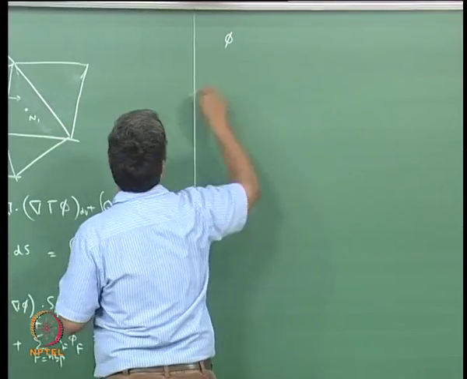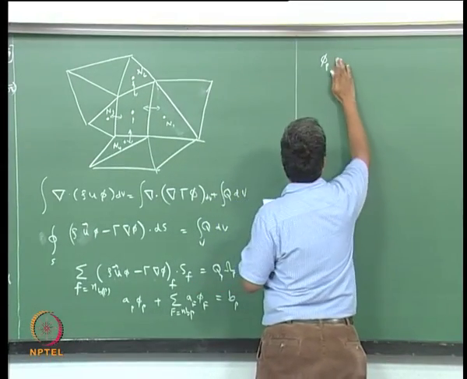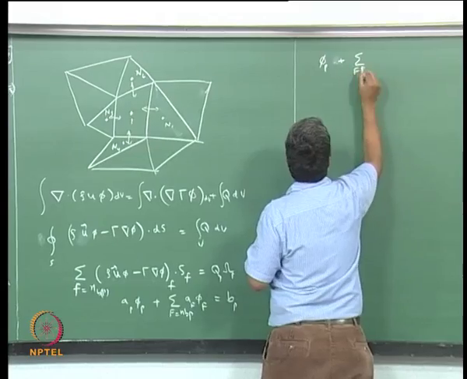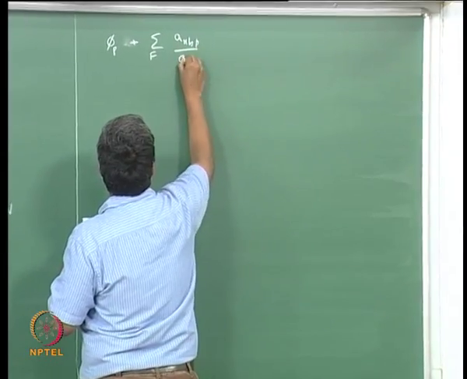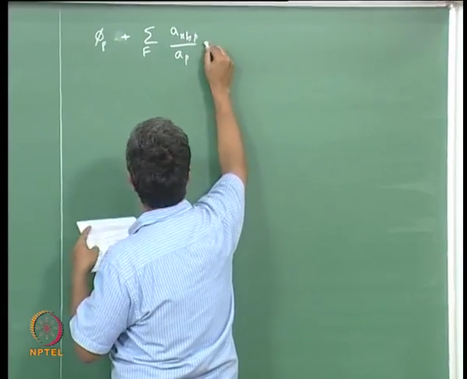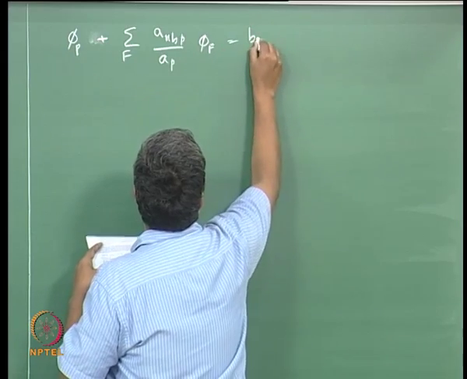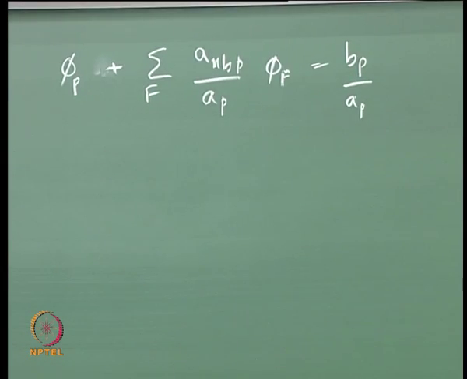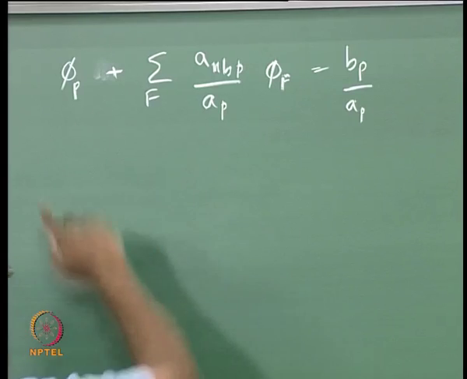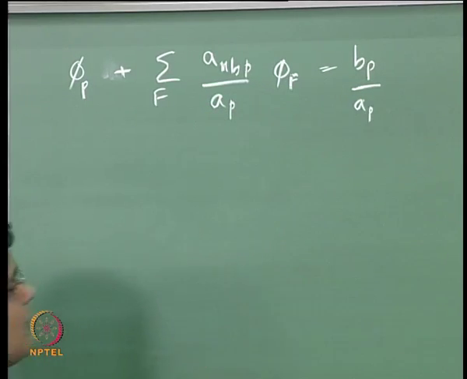So this is the overall equation that we can come up with, and we can also put it, for the use of our convenience, as phi P plus the sum over neighboring points of AF divided by AP times phi F equal to BP divided by AP. Okay, so this is the equation which determines the value of the variable at a particular point P in terms of the neighboring points, and also in terms of BP, which represents source terms and other kinds of things.